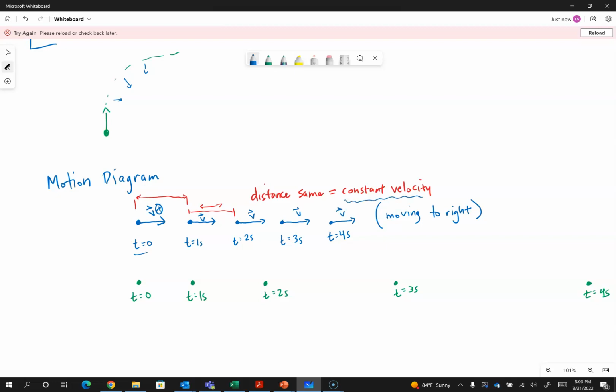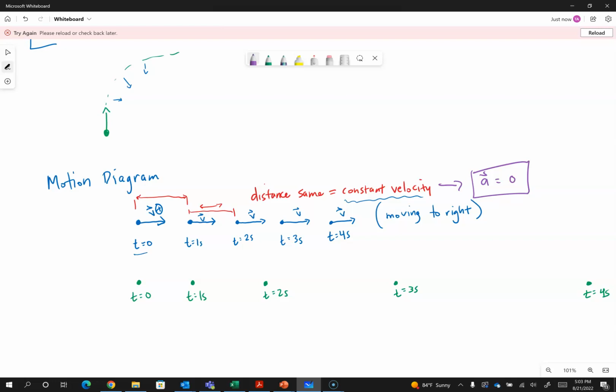But if the velocity is constant, meaning it is not changing, that leads us to an acceleration of 0. Zero acceleration means no change in velocity.